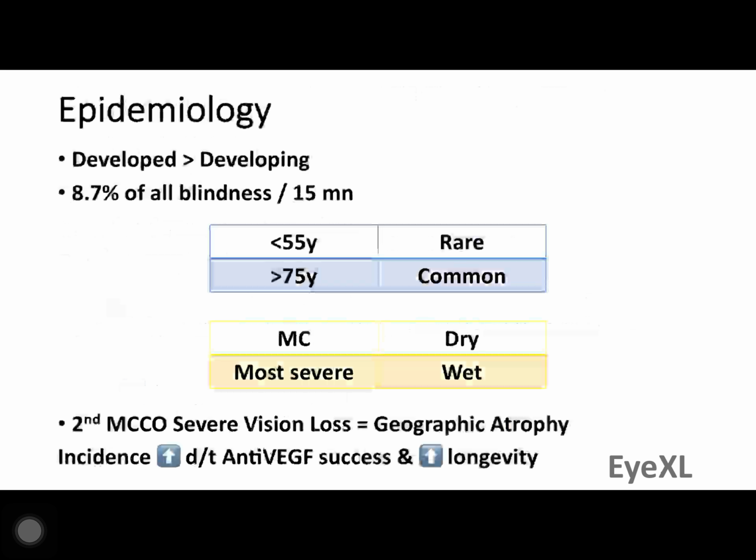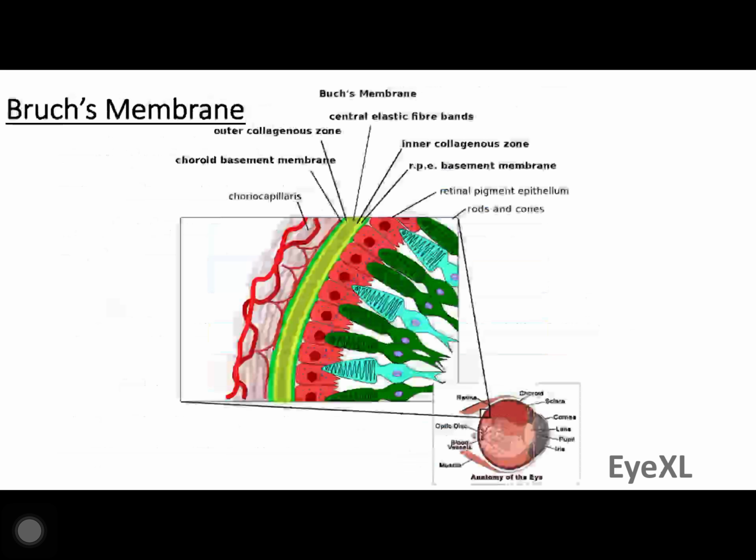But unfortunately, dry ARMD, the most common type, still does not have an effective treatment. Also, patients of ARMD are living longer because of better nutrition, better health care, better vaccination. So as the patient lives longer, this dry ARMD is going to get converted to a geographic atrophy. So the incidence of geographic atrophy is slightly going up, but however at this point it is still wet ARMD that is the most severe type of age-related macular degeneration.